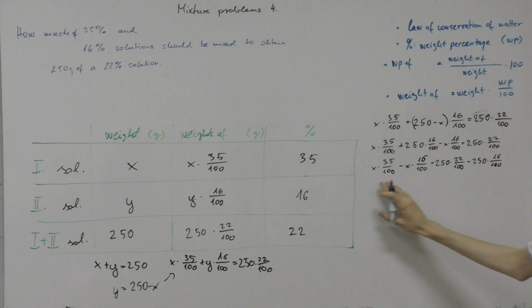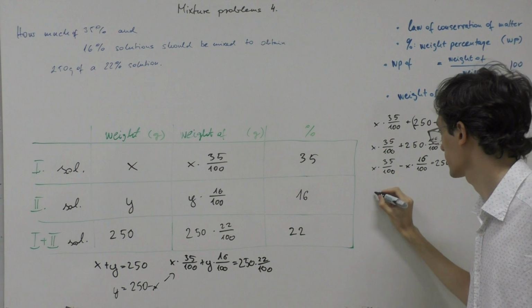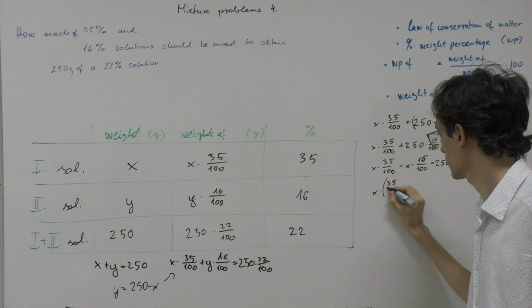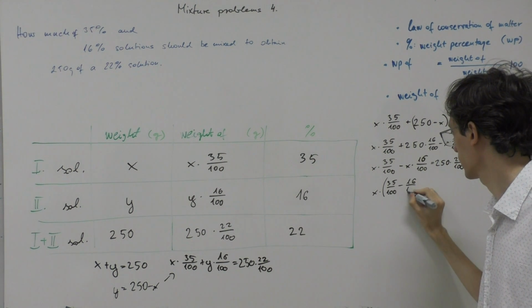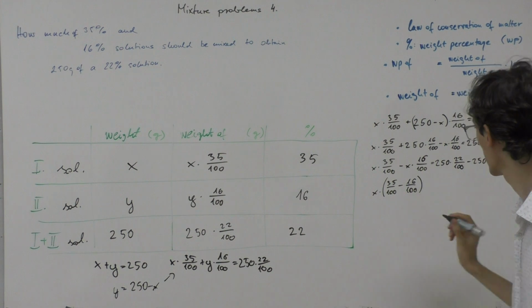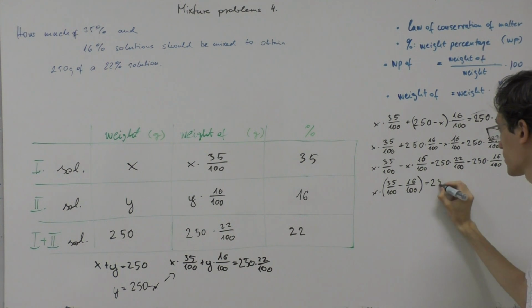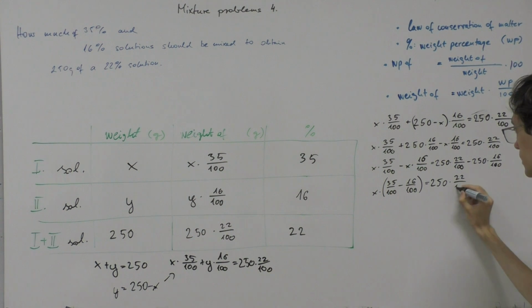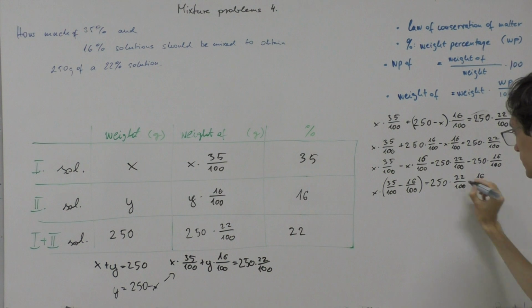And now on the left hand side we can factor out x, so our left hand side will be x times 35 over 100 minus 16 over 100. And on the right hand side we can factor out 250, giving us 250 times 22 over 100 minus 16 over 100.